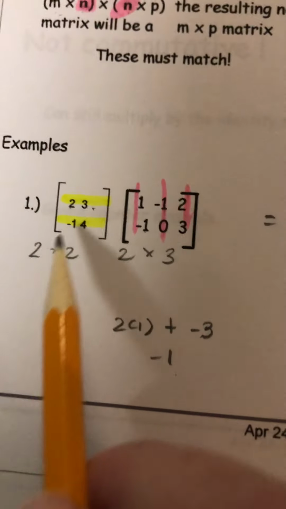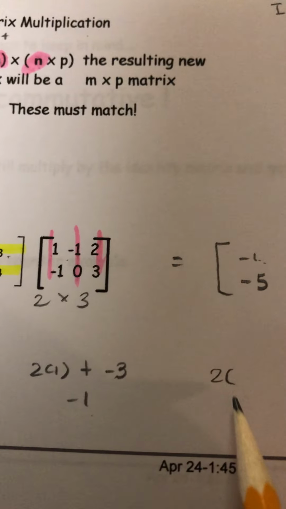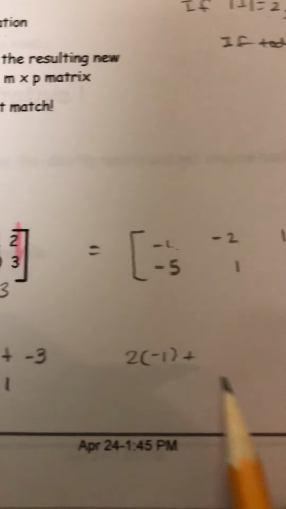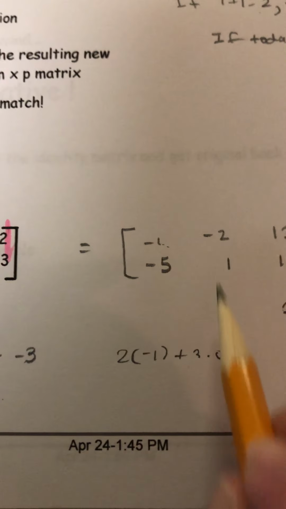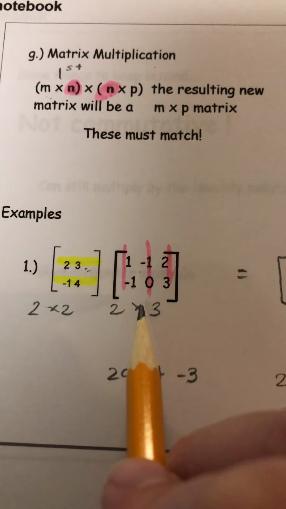Same idea with the next one. You're going to take this 2 times that -1, and add that to this 3 times that 0. That's -2. So again, this row times that column.